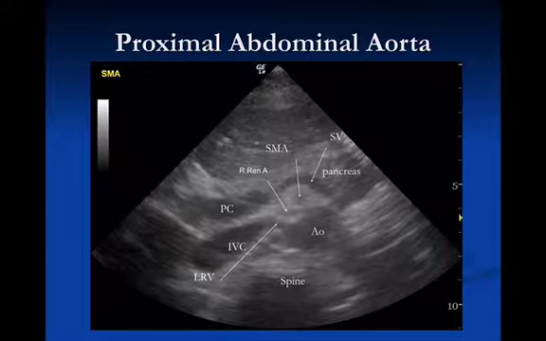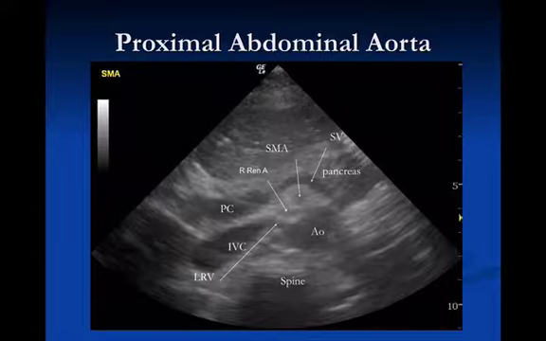Now, this is a stopped view of what we would see if we really slow things down. So you get spine shadow, you get aorta, and the inferior vena cava actually gives off the left renal vein in between the SMA and the aorta. The aorta may also give off the right renal artery in that same area.